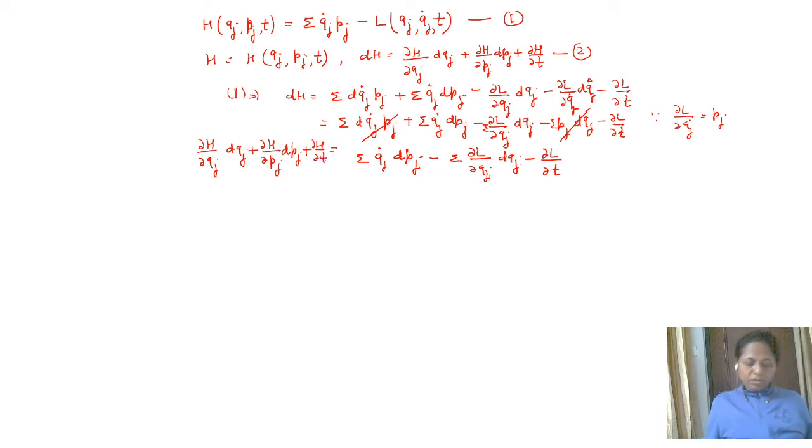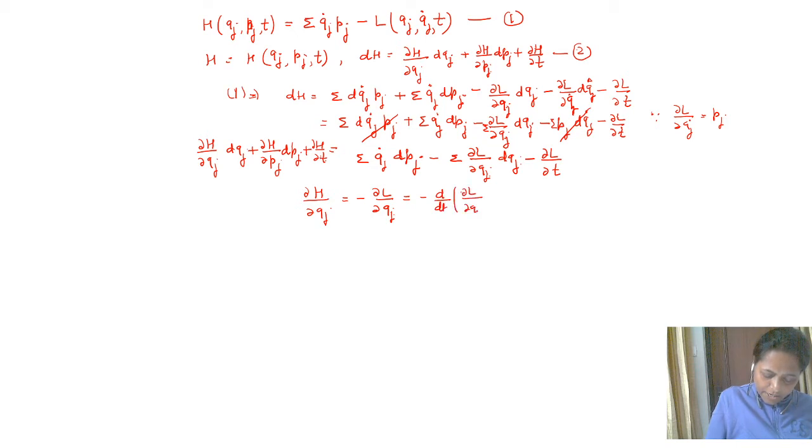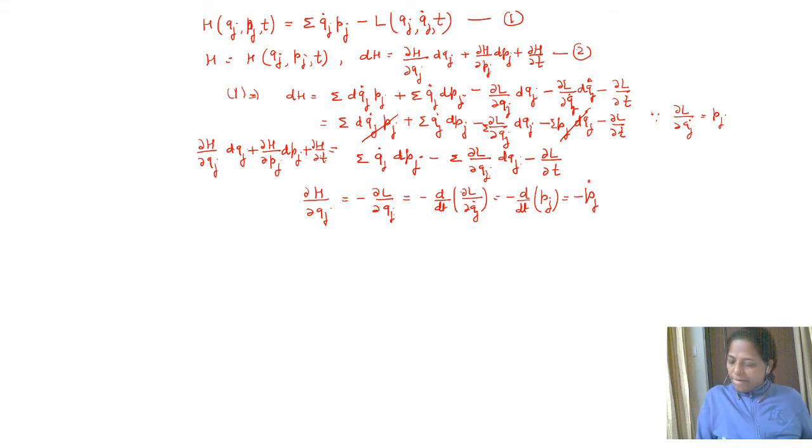So comparing the two sides, we get delta H delta Qj is equal to minus delta L delta Qj, and this is the derivative of delta L delta Qj dot, that is, delta L delta Qj dot is Pj, so it is minus Pj dot, right?